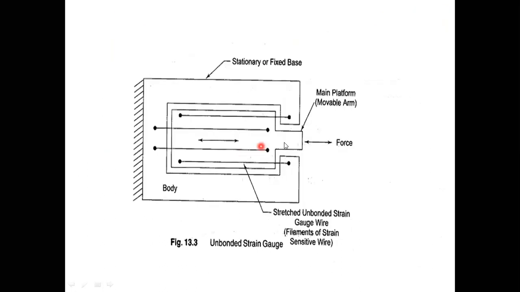Let us take this example. This is a body. These are the wires of the strain gauge. I call this wire R1, this wire R2, this wire R3, and this wire R4.